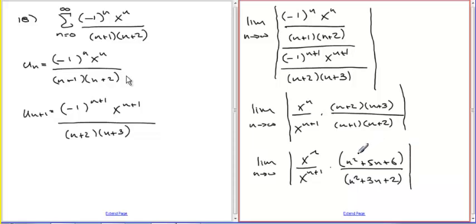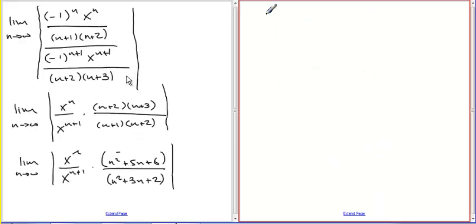And like before, you could use the limit of two polynomials, take the leading coefficients, which is 1 and 1, of the highest order term. You could apply L'Hopital's rule twice. Anyway, this goes to 1 when n goes to infinity. So what we're left with, and here this becomes 1 over x.